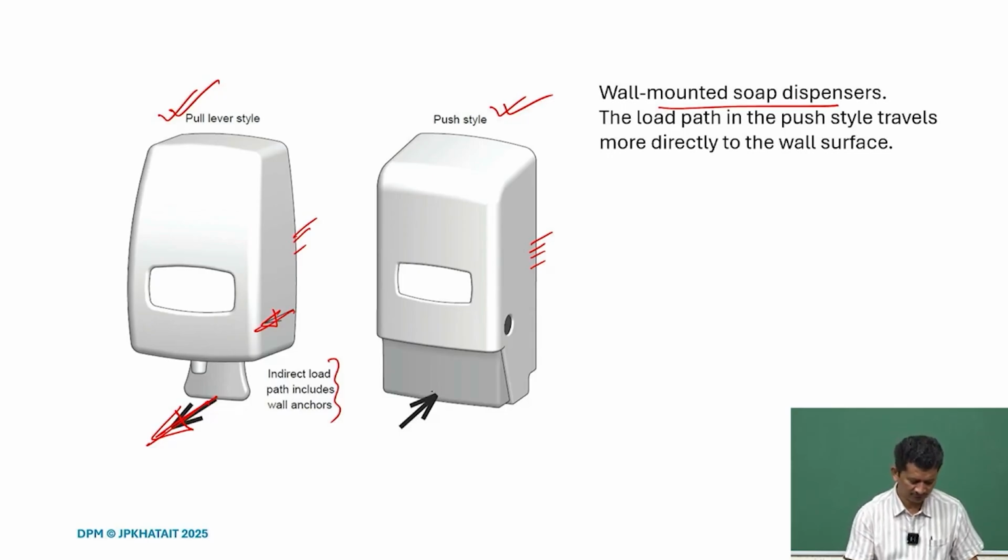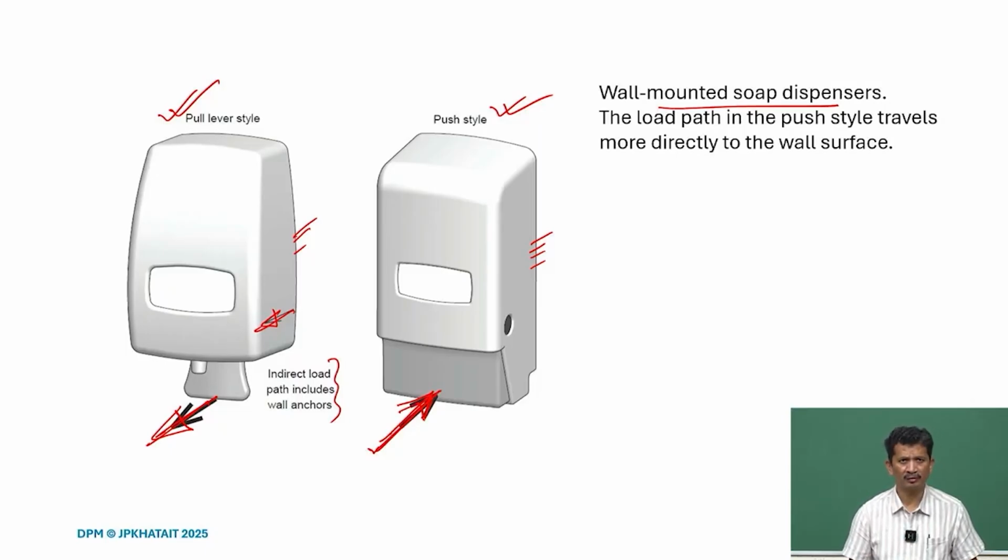On the other hand, if you have the push type, it's direct. You are just pushing against the wall. So, the anchor, everything is not coming into the picture. They are not taking any of this external load.